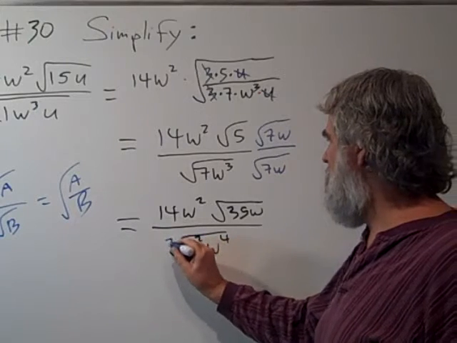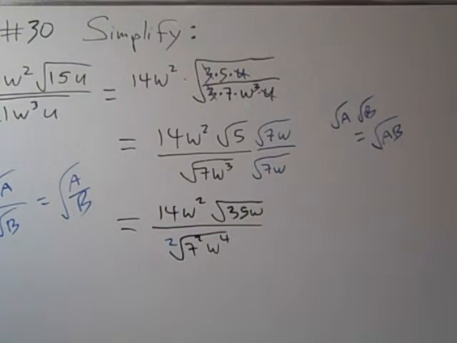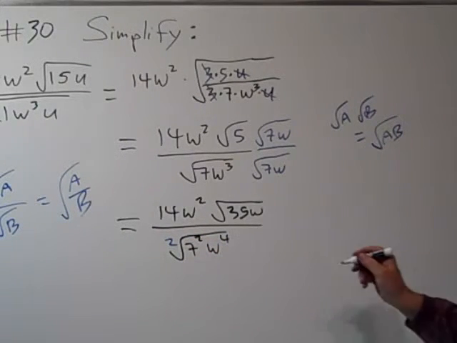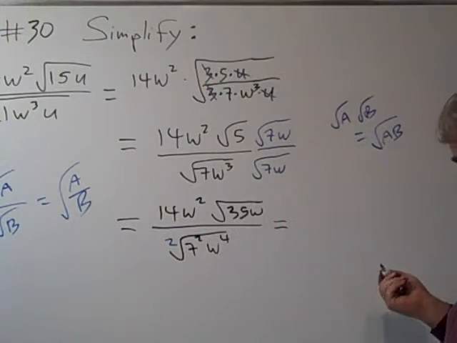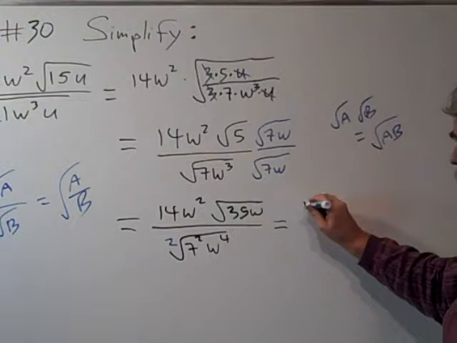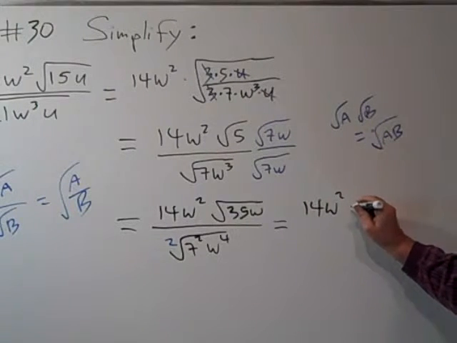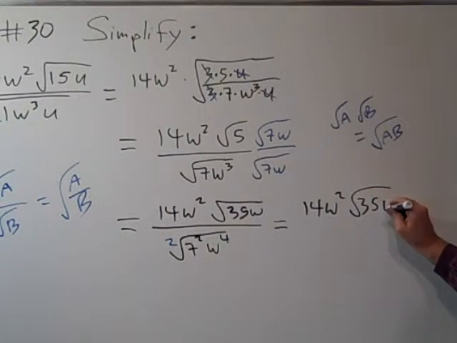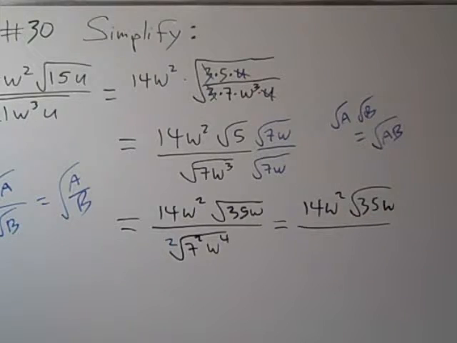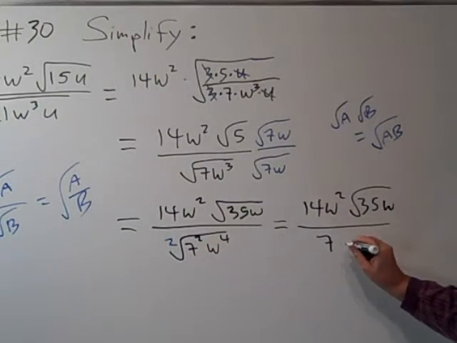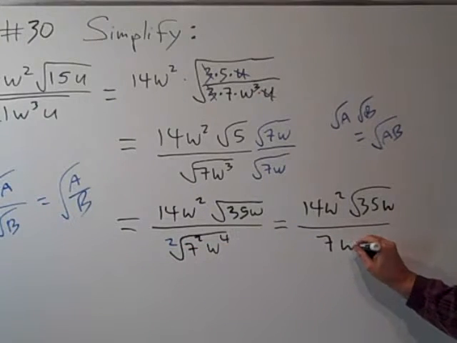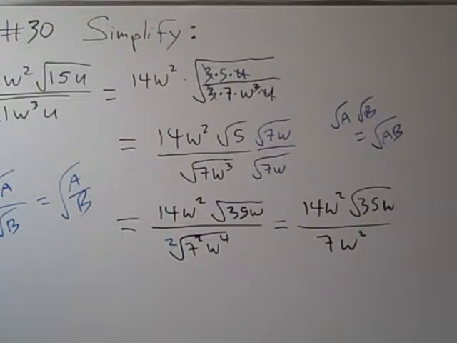That little invisible 2 out here, remember, will cancel out dividing into the numerators. It'll get rid of the radical down there completely, because you have 14w squared times the square root of 35w, and that's divided by 2 goes into 2 once with no remainder, and 2 goes into 4 twice with no remainder, so nothing remains under the radical.